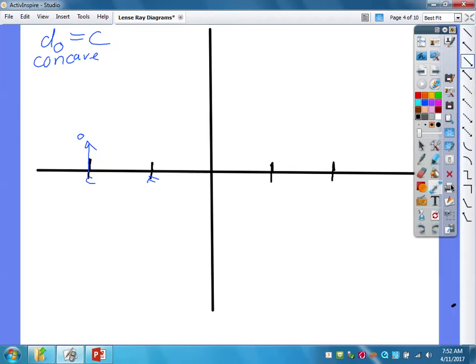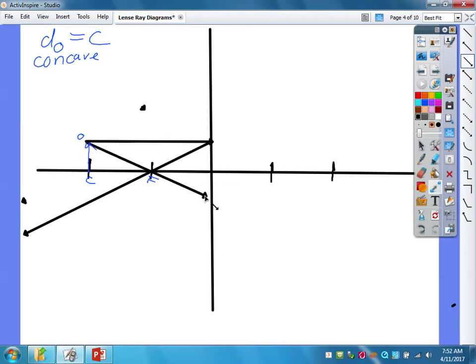So here we go. We have to do our 2 rays again. First one, from the top of the object, straight to the mirror. What will it do? Reflect back through F. The concave mirror curves towards F. That's our first one. The second one, top of the object through F. I'm hoping this one's going to come out the way I'm planning it.